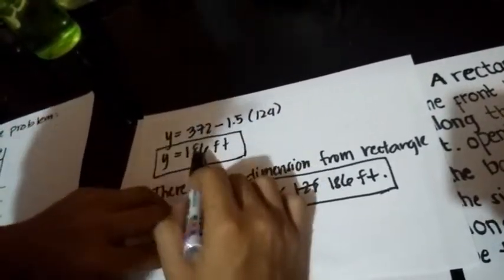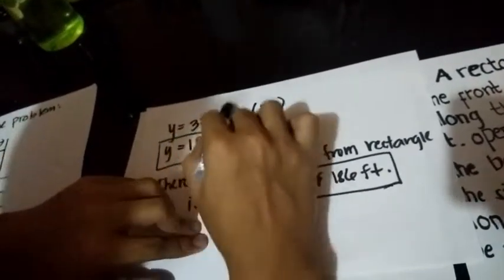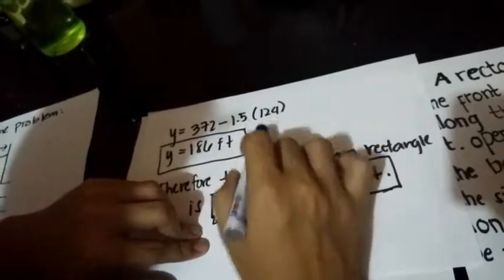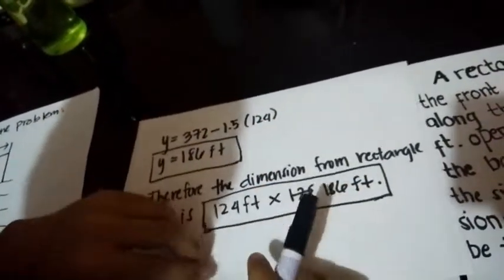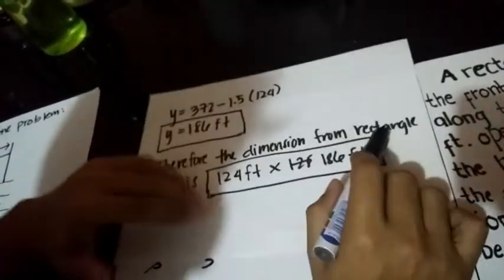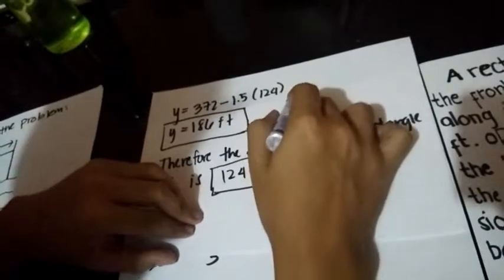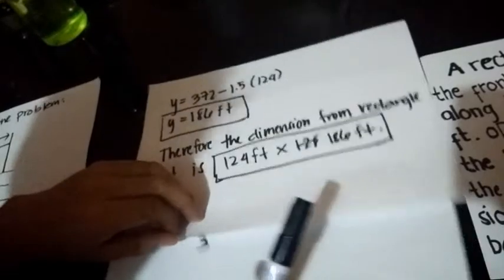So y is equal to 372 minus 1.5 multiplied by 124, which is the x. X is here, which is 124 feet. So when you simplify it, the outcome will be 186 feet.